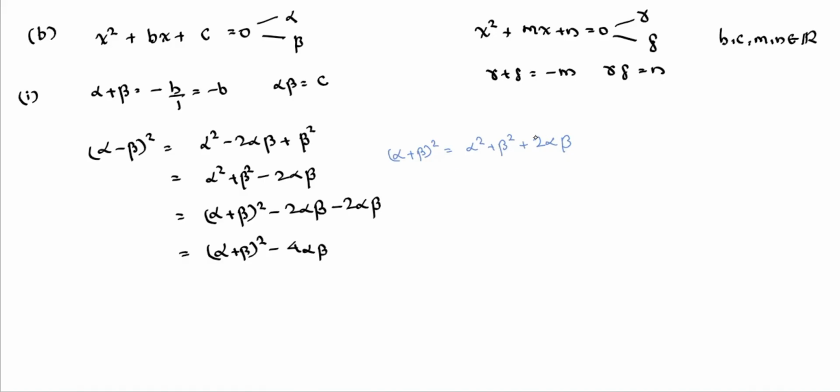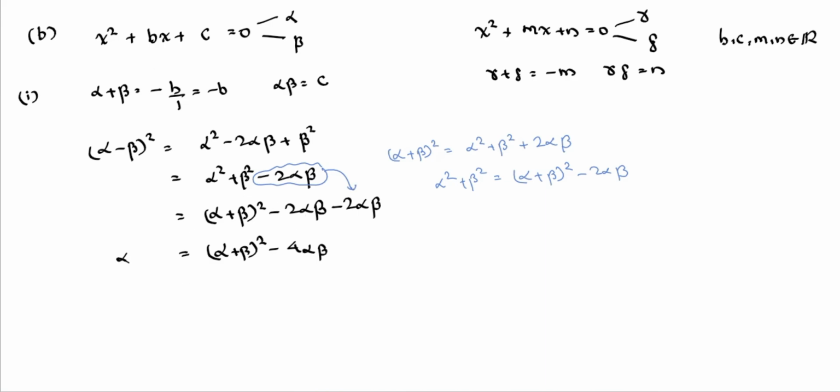So if you isolate this alpha squared plus beta squared, you can say that equals alpha plus beta whole thing squared minus 2 alpha beta. That's all. Then this 2 alpha beta is this. This is what comes from this.